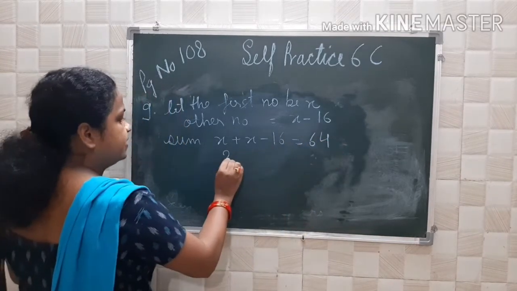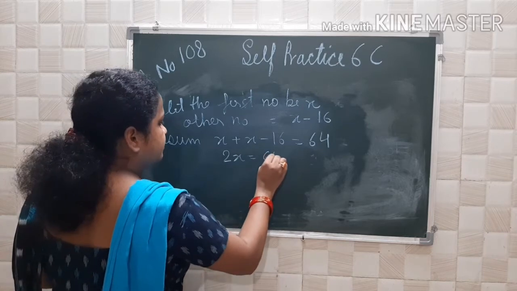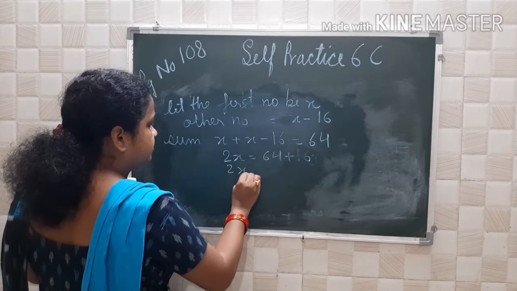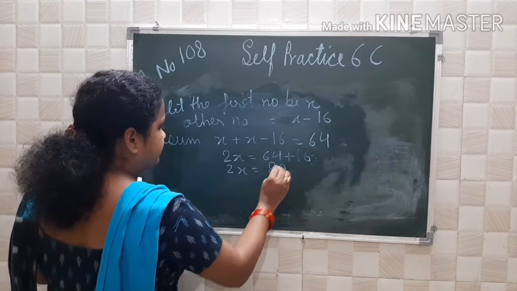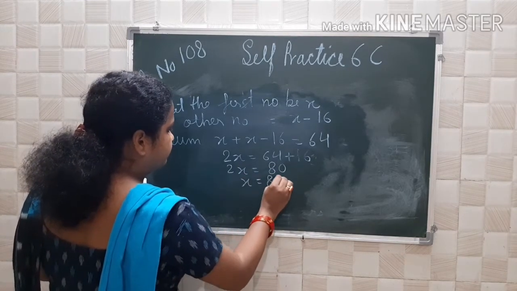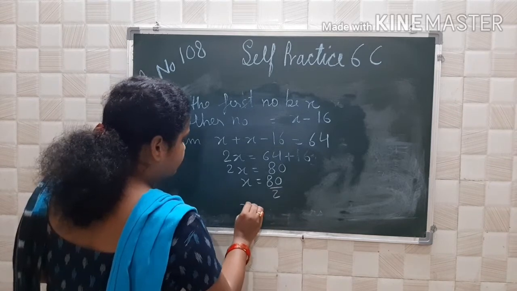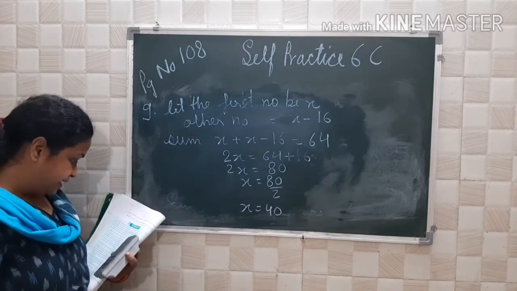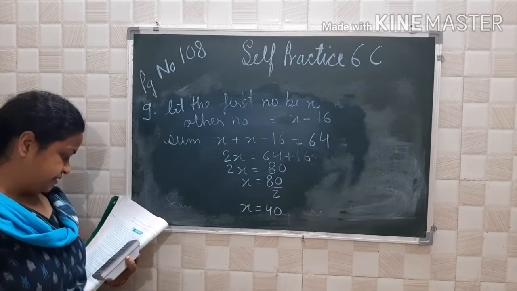What you will have, 2x is equal to 64 plus 16. So 2x is equal to 80. x is equal to 80 by 2. x is equal to 40. So what is your answer? Find the numbers.